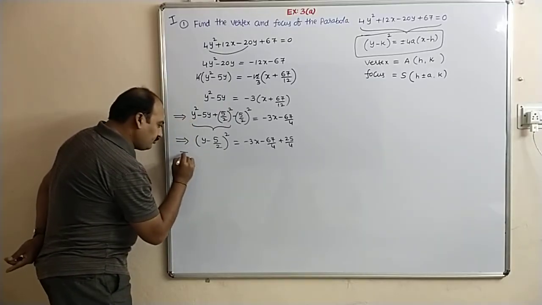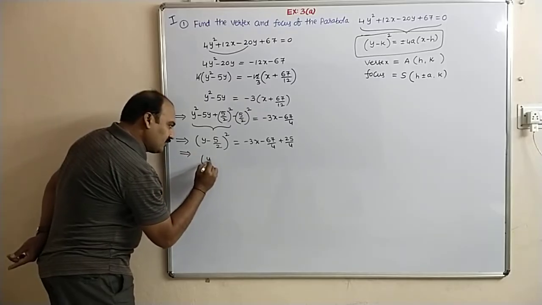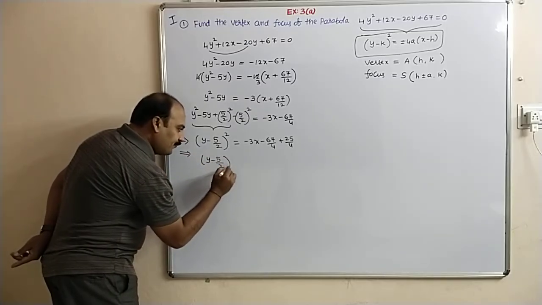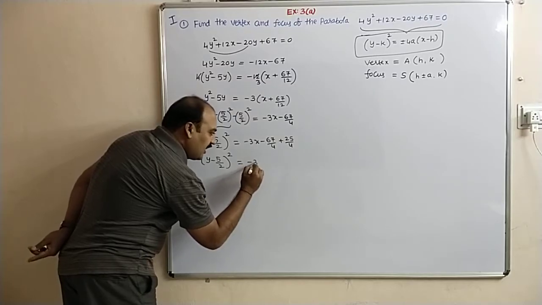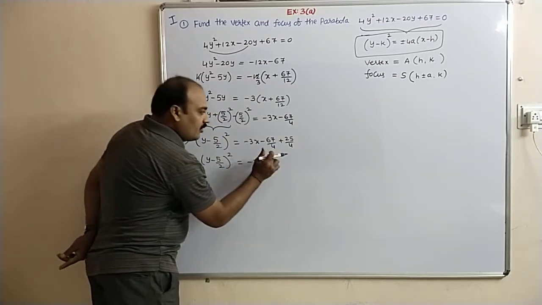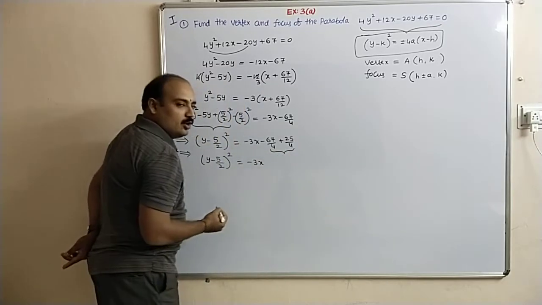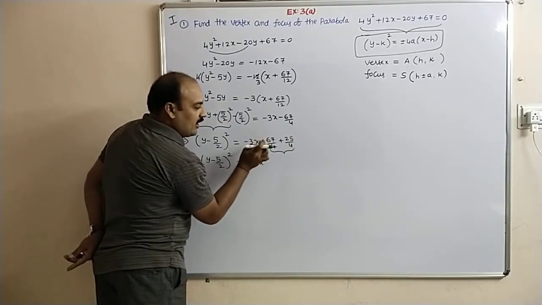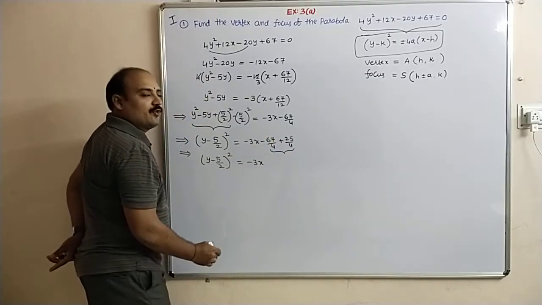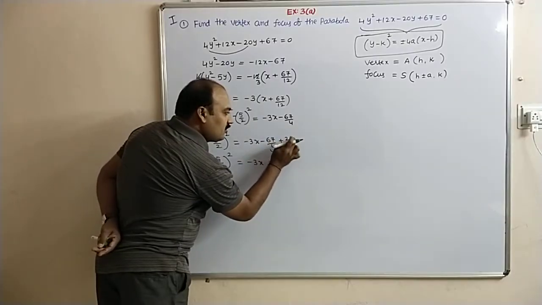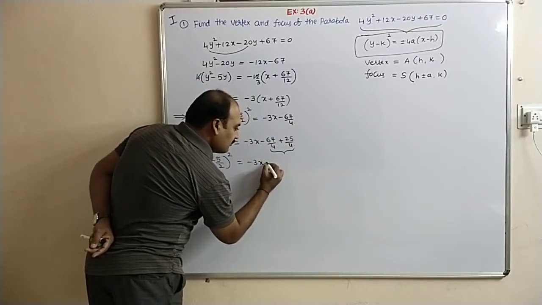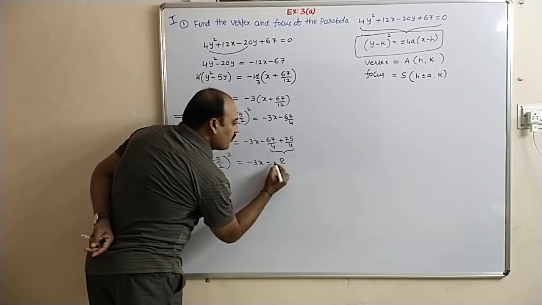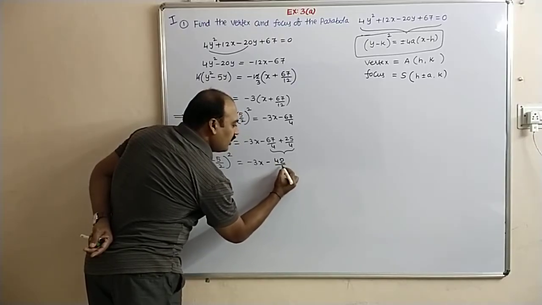Now y minus 5 by 2 whole square is equal to minus 3x. From these two, the denominator is the same, so you can add these two values: minus 67 plus 25 gives minus 42 divided by 4.